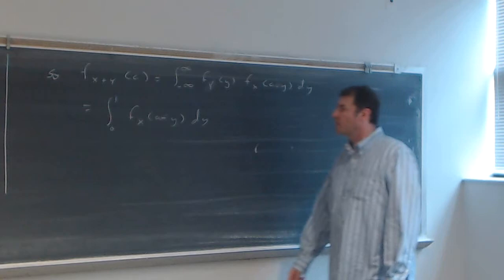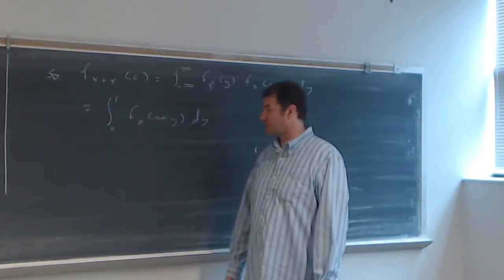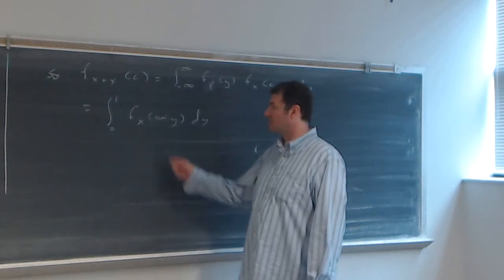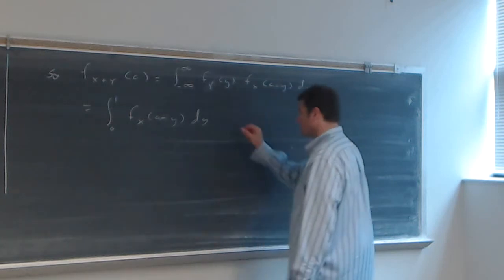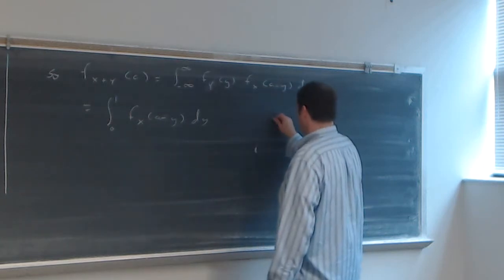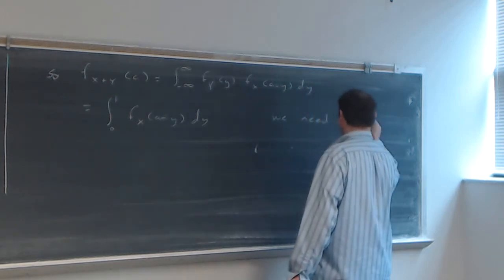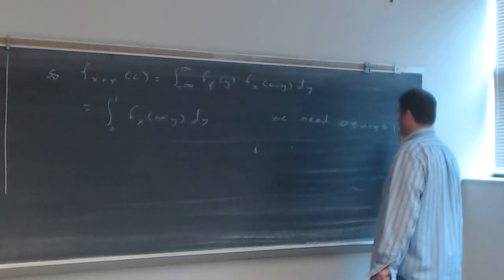All right. Now, this guy is going to be 0 most of the time. And the only time that it's not 0 is when a minus y is between 0 and 1. So we need a minus y to be sandwiched between 0 and 1.